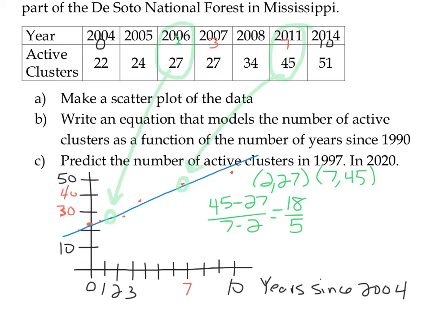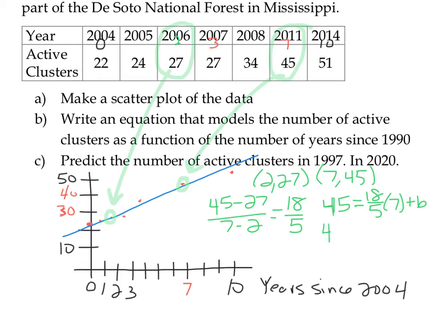And then we could write the rest of the equation a couple ways. We could use point slope form, okay, or we could find the y-intercept and write it that way. So let's look here. What we can do is write 45 equals 18 over 5 times 7, okay, plus b. We want to solve for that b value. Okay, so we're going to have a little bit of difficult work here to do with some different fractions.